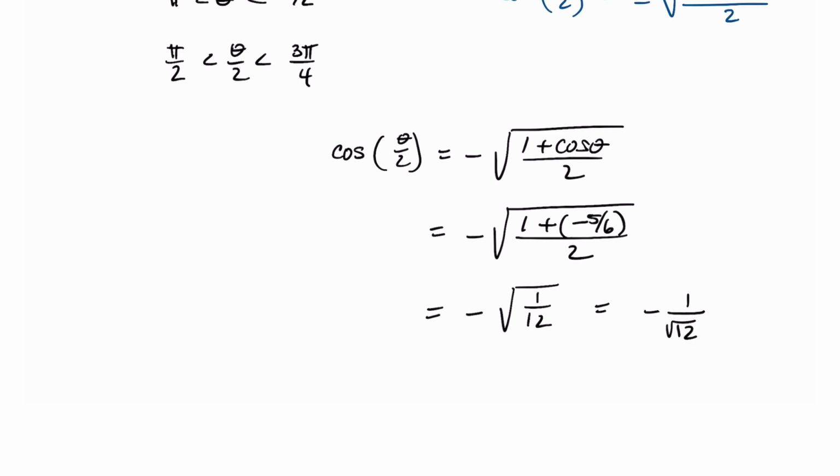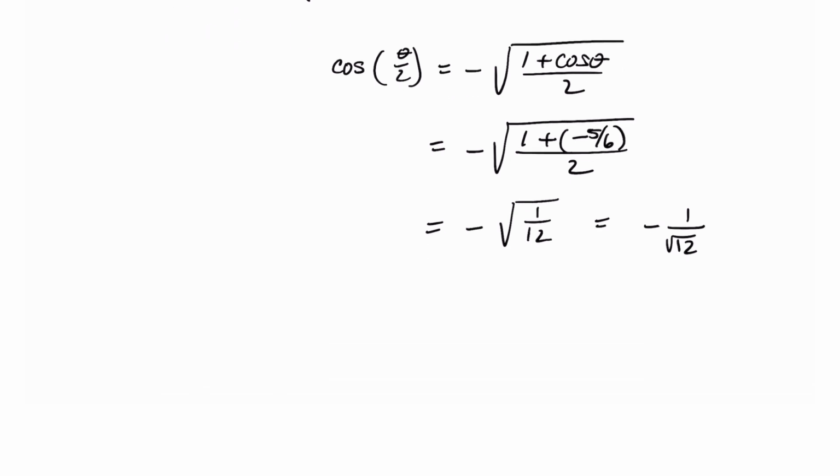But now we have to rationalize that. And before I multiply by root 12 over root 12, take note, root 12 actually simplifies. So this is actually negative 1 over 2 square root 3, because the square root of 12 is the square root of 4 times 3, which is 2 root 3.